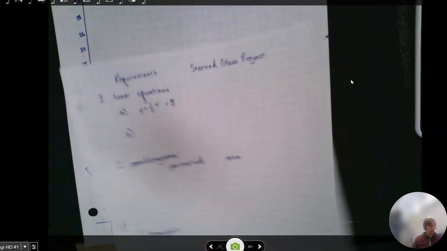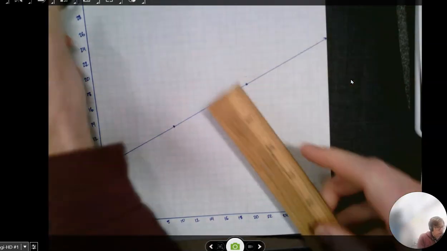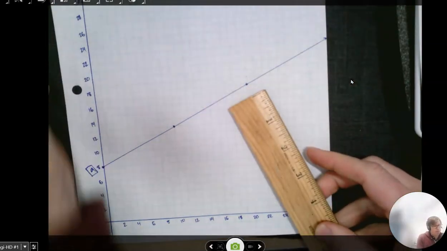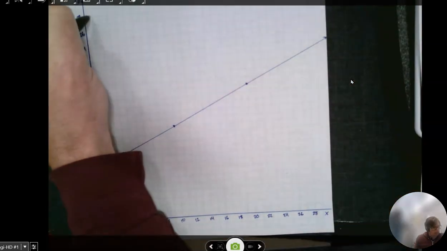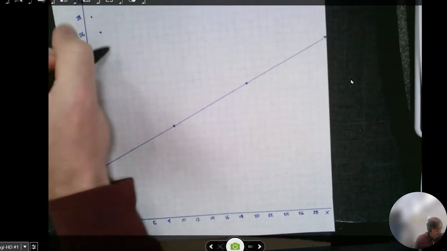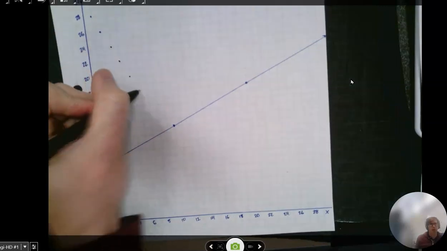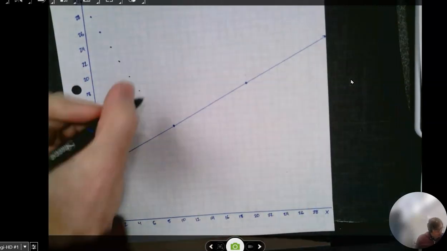That step's done. I could do the same thing. Let's say I do a line starting at 30, and I'll go down the exact opposite slope, so down 2 over 1. I'm going to get as much of that on my paper as I can.